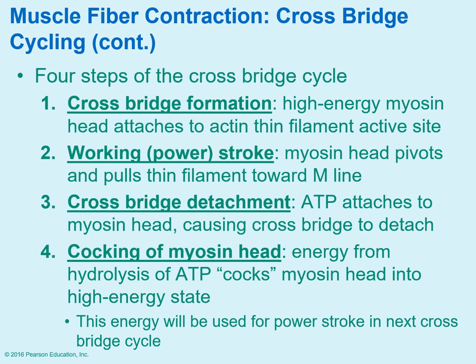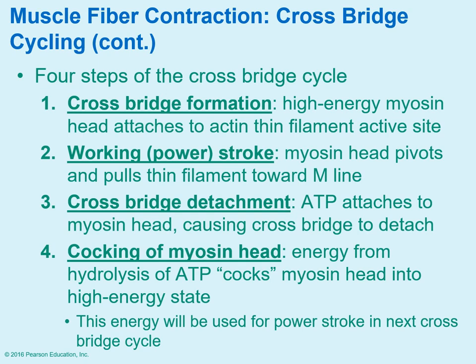So there are 4 steps of what we call the cross-bridge cycle. You have to attach that myosin head to the actin, to that active site. That's the cross-bridge formation. Then you have what's known as a working or power stroke. That myosin head is going to pivot, and it's going to pull that actin filament towards the center of the sarcomere. So it attaches, and there's going to be a stroke.